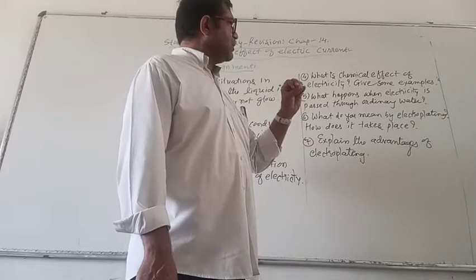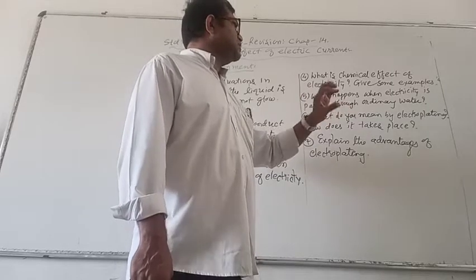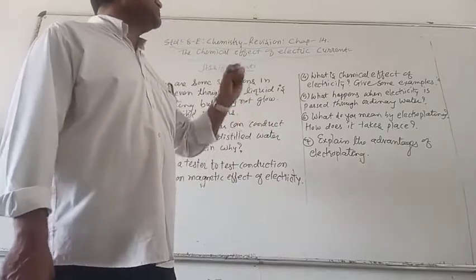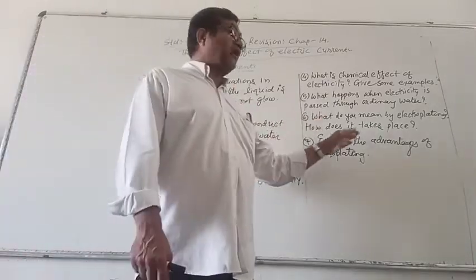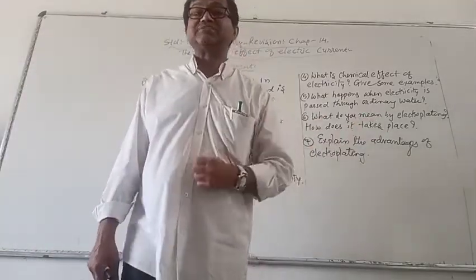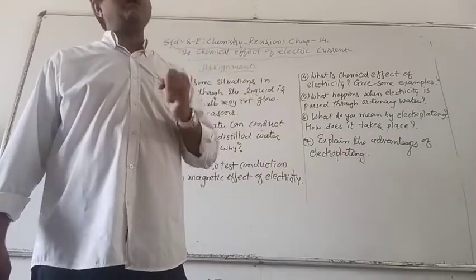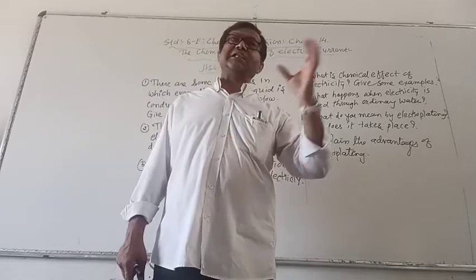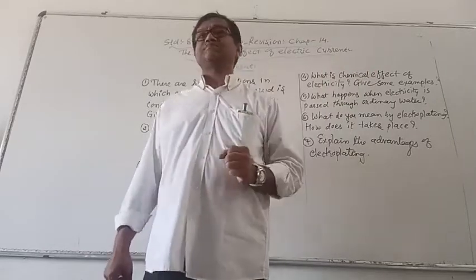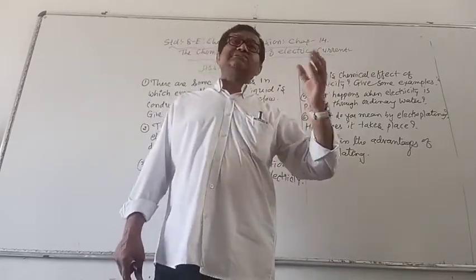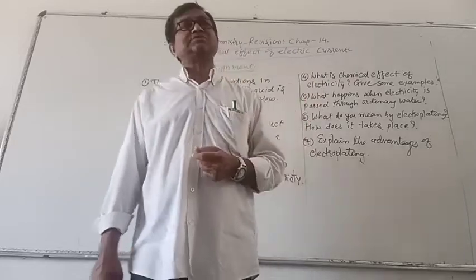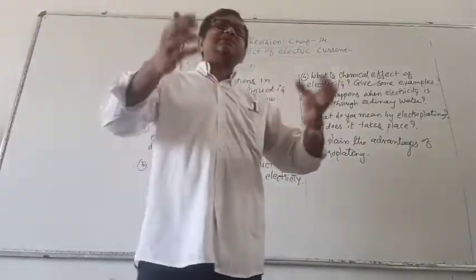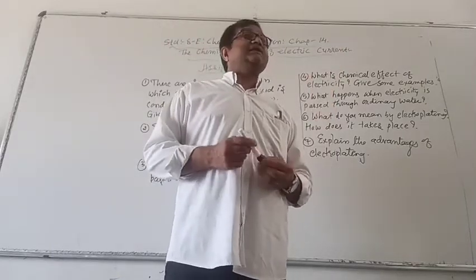So now, what is electroplating? That we are going to discuss, and how it takes place. So now, electroplating. When the current is passed through the electric conducting solution, then what happens?